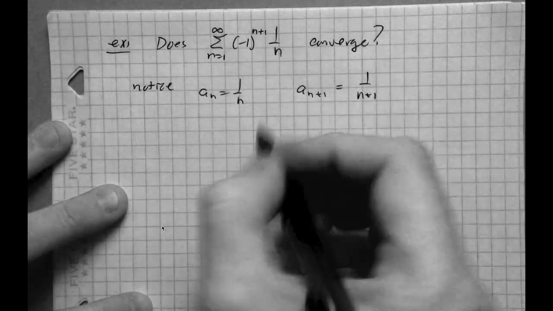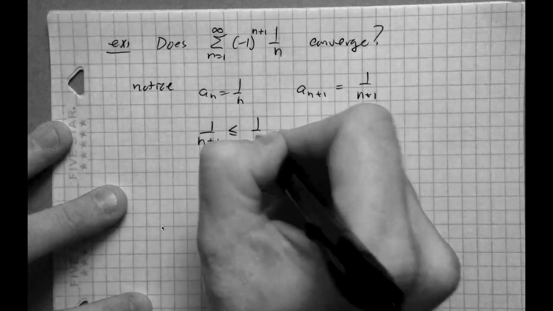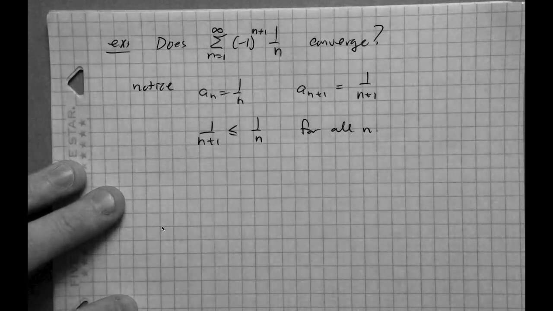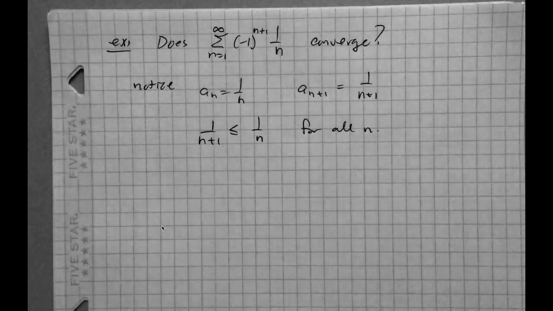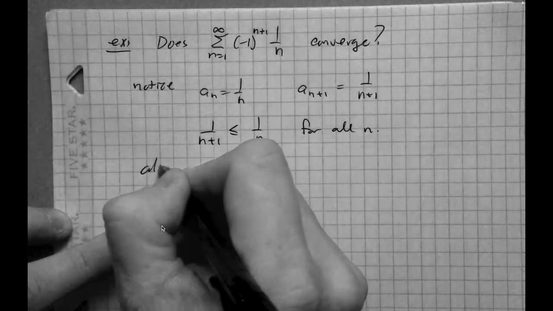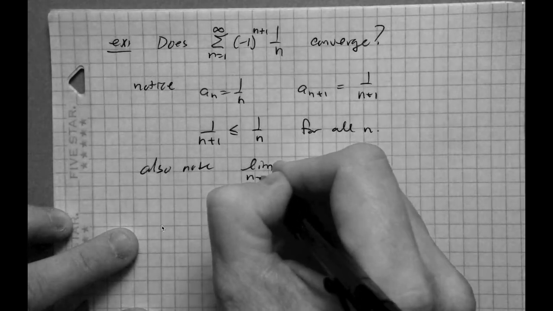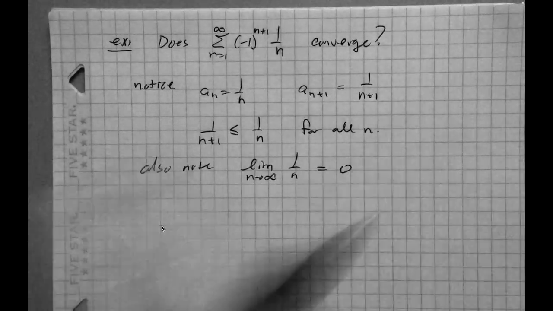And clearly, 1 over n plus 1 is less than or equal to 1 over n for all n, right? That's true. So that means that the sequence is decreasing. Also note, of course, this is a p-series, so note that the limit as n goes to infinity of 1 over n is equal to 0.